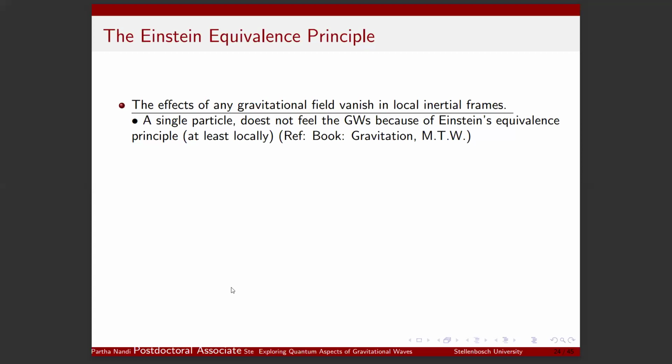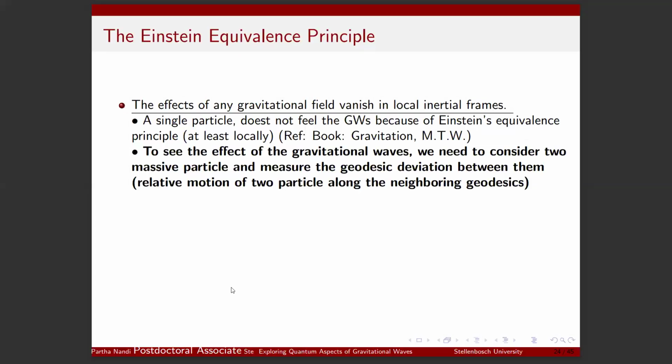So locally, one can absorb the concept of gravity. This indicates that if you consider a single particle freely falling along a geodesic, it cannot experience the effect of gravity. It does not feel the gravity. This is the situation considered very locally for the free falling particle.